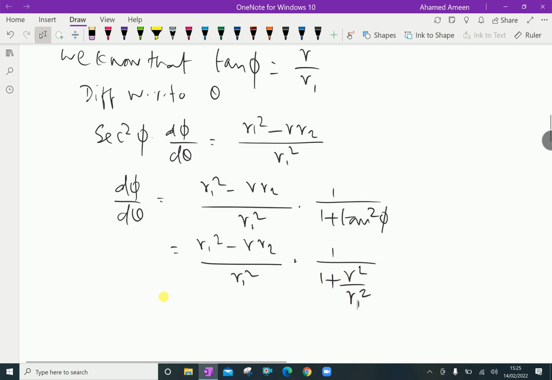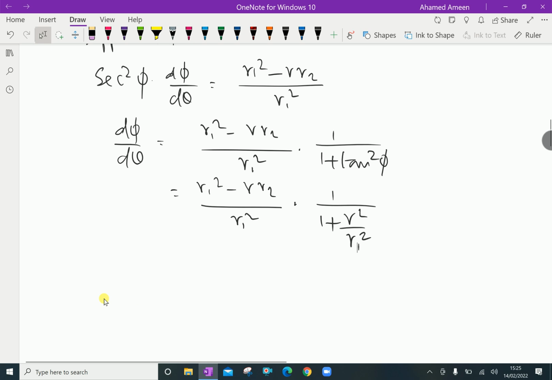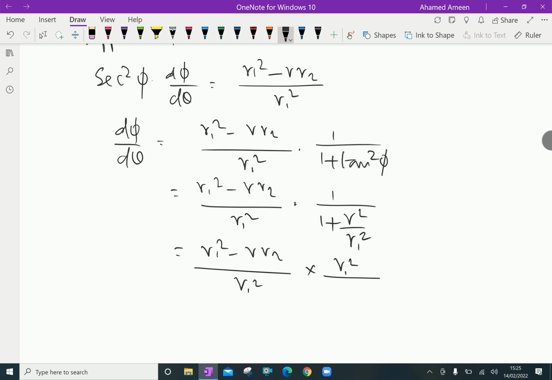By simplification, with reciprocal multiplication, which gives (r1 squared minus r r2) over r1 squared into r1 squared over r1 squared plus r squared.